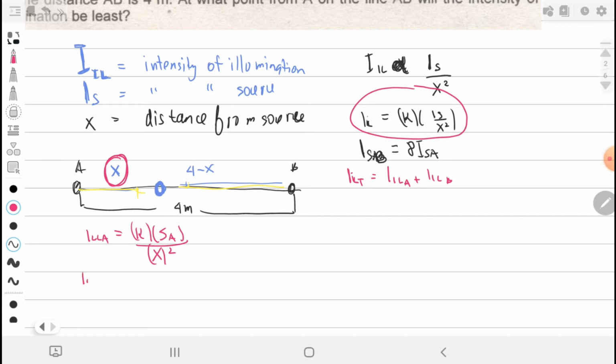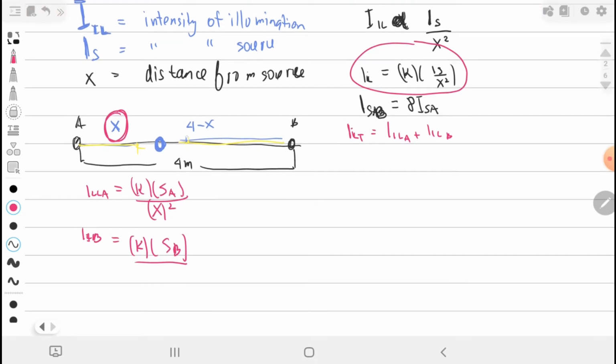Next, our IL of B is equal to K multiplied by, of course, SB divided by what remains here, which is 4 minus X squared. So, when we substitute it here, I will have my IL total equal to K SA over X squared plus K SB all over 4 minus X squared. Right? That is our IL total.